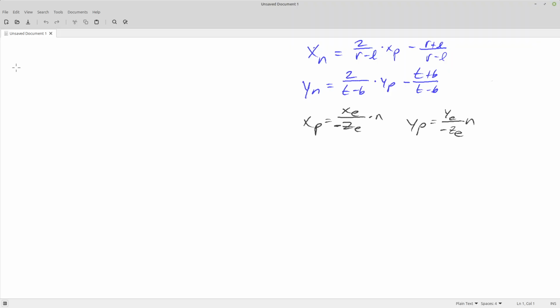So let's do x first. So we'd just rewrite it, but plug in for x sub p what we have here. And this gets a little hairy, so let's hope we can get through it. Okay, and again, this is x sub n equals all that.